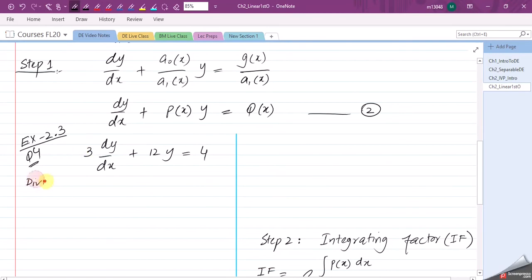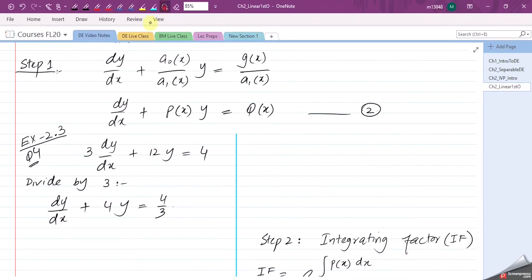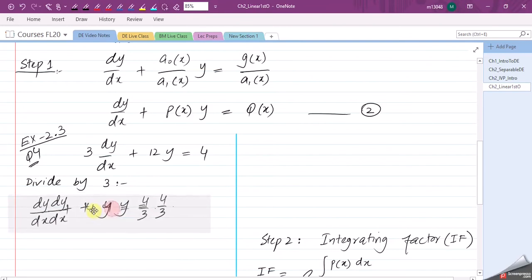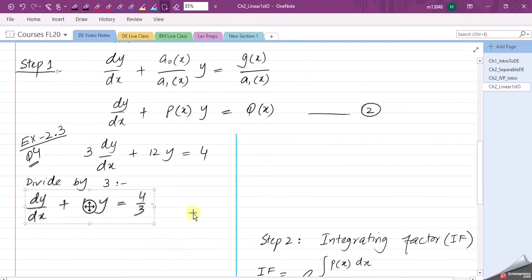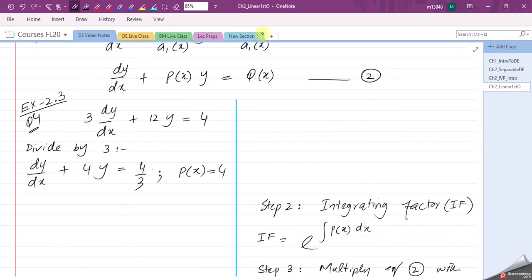So we divide by 3 and we get dy by dx plus 4y equals 4 by 3. And that means our p of x equals 4. We generally do not need q of x. We just represent it here for the sake of terminology.